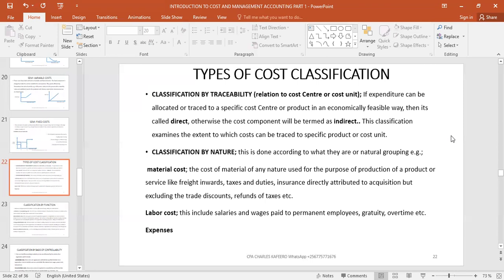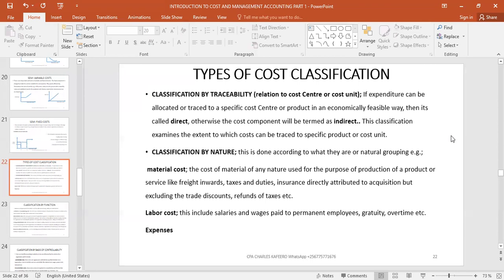Materials are the physical substances which are used in the production of goods and services. Whereas material cost is the cost of raw materials, or the cost of those physical substances which we are going to use in the production of goods and services.